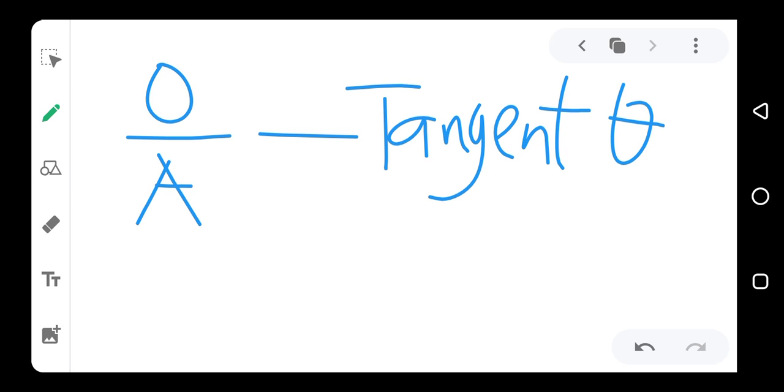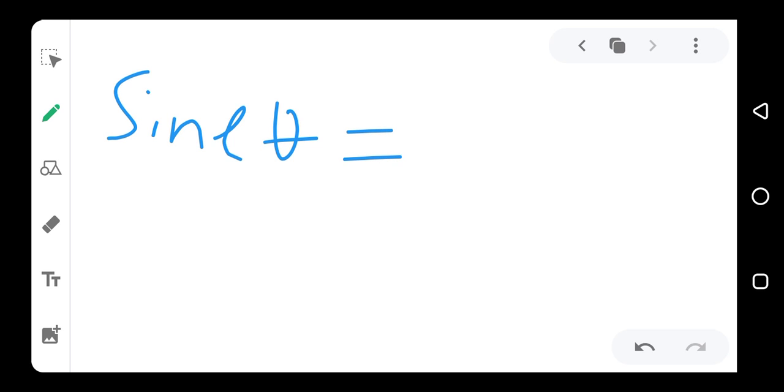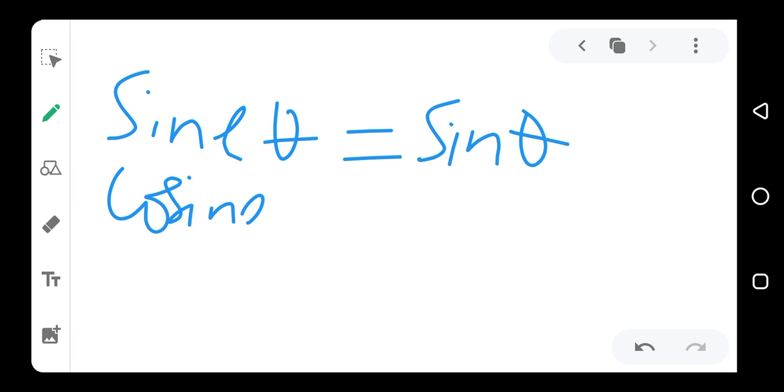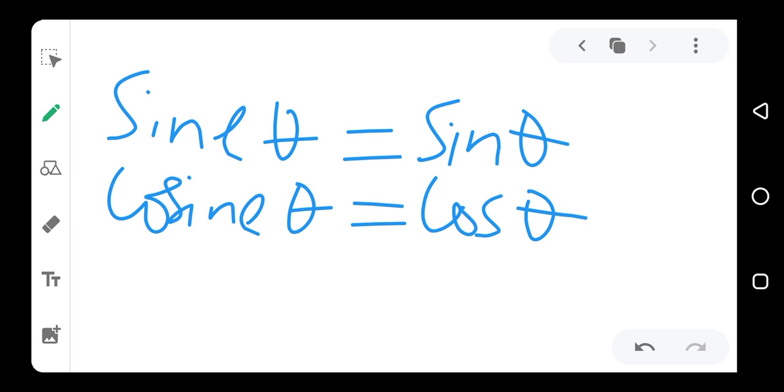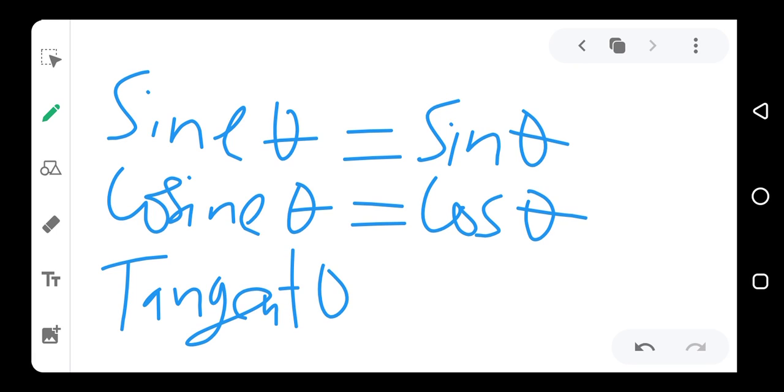Now sine theta is also written in short as sin theta. Cosine theta is also written in short form as cos theta, and tangent theta is written in short form as tan theta.